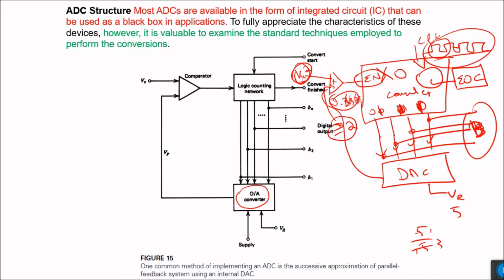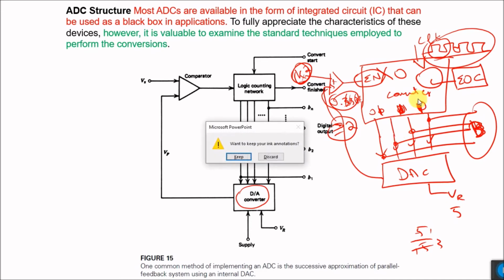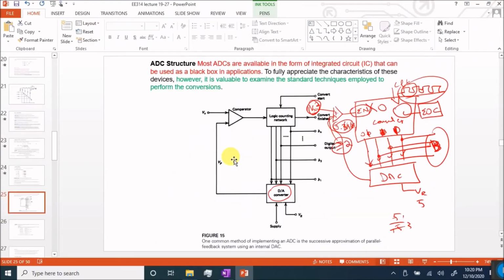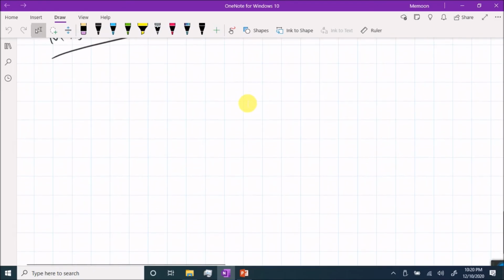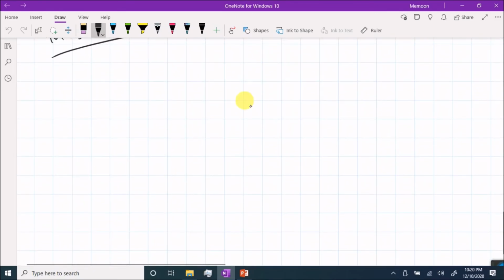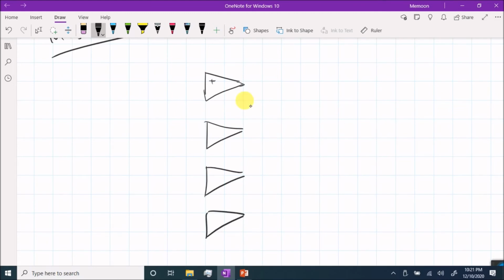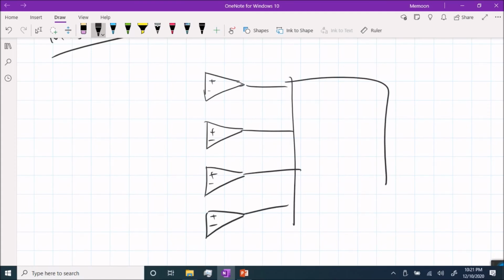There is another method, another design, that is even easier to understand for the working of an analog to digital converter, and let's discuss it here. So let me draw that flash ADC conversion circuit here.